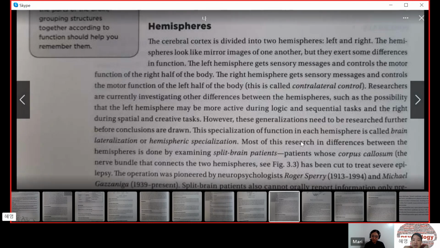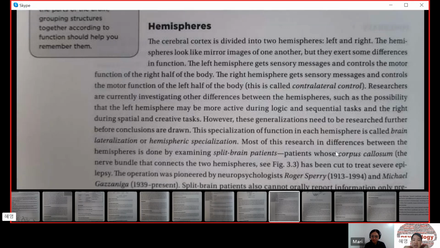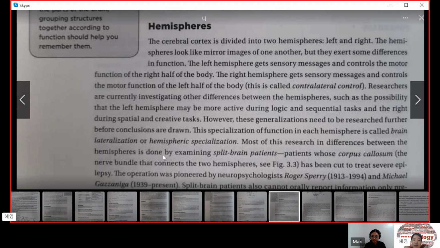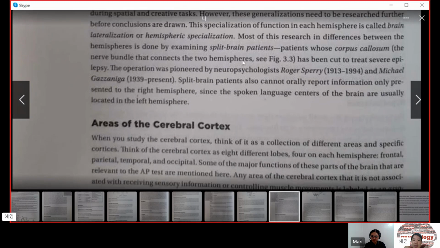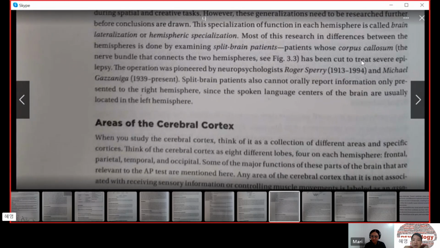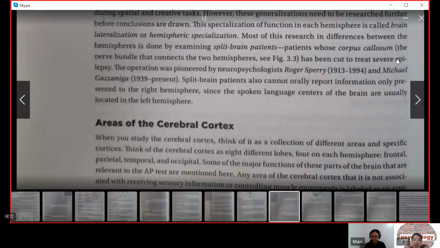Most of the research on differences between the hemispheres is done by examining split brain patients, patients whose corpus callosum, the nerve bundle that connects the two hemispheres, has been cut to treat severe epilepsy.